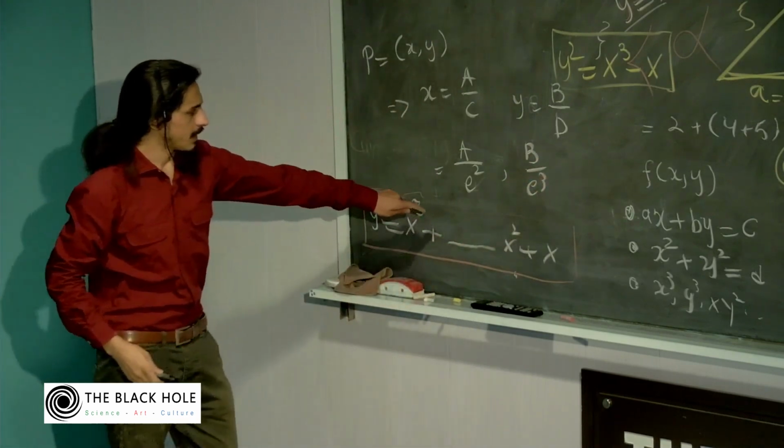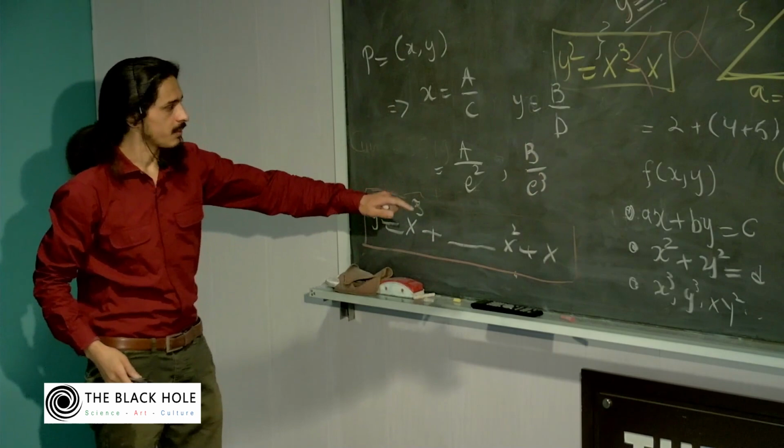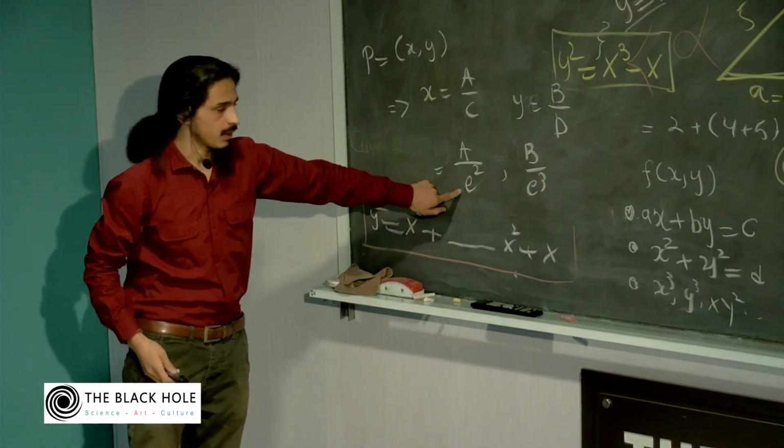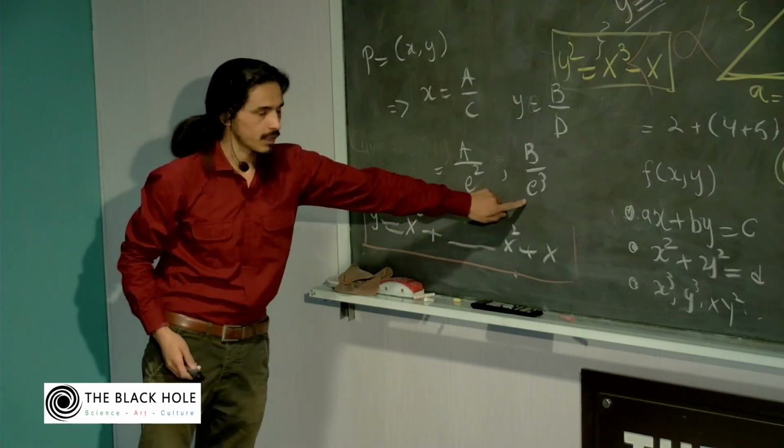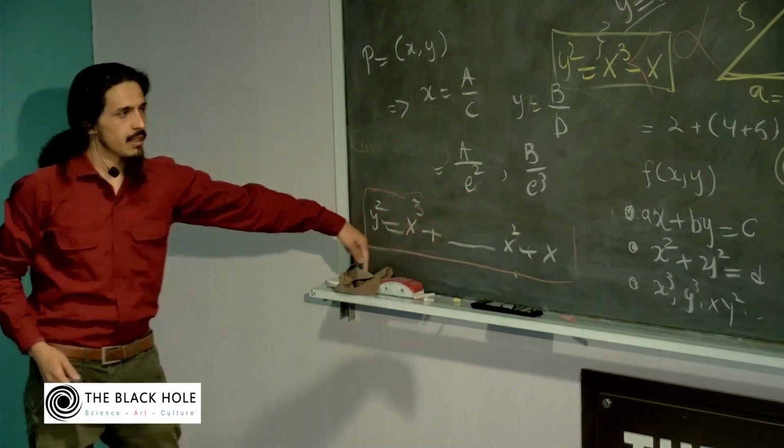It is really interesting to see that elliptic curves have an x coordinate containing the square of a number, and a y coordinate the cube of the same number. We will see an example of this, I think, in the next slide.